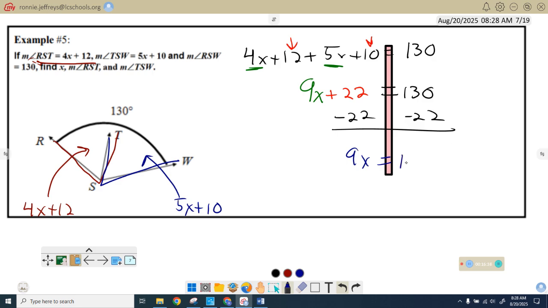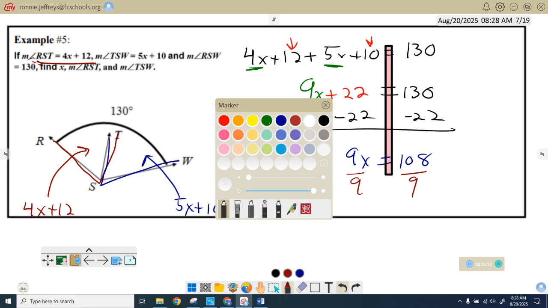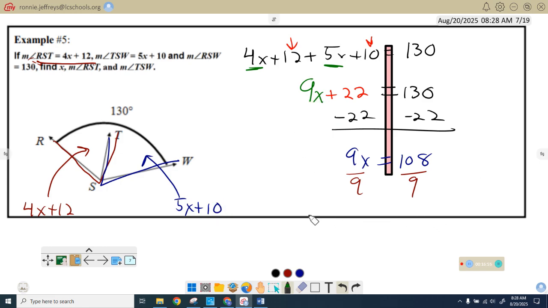Let's see, this should be 108. And so X should be what? What did y'all get for X? 12. All right, so X equals 12.